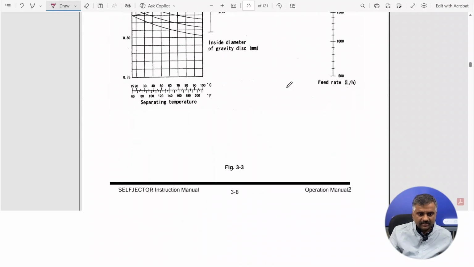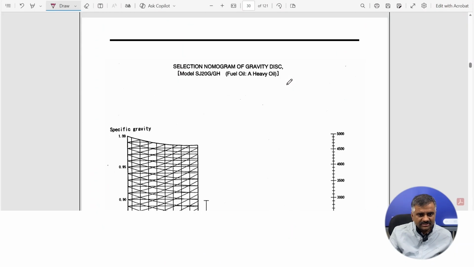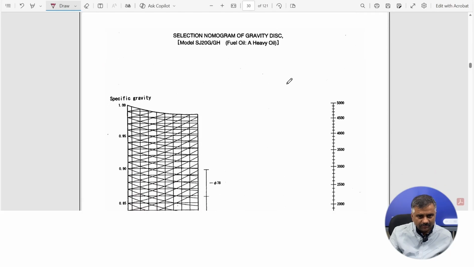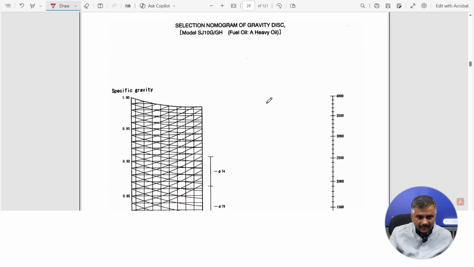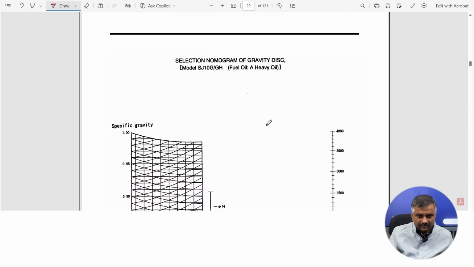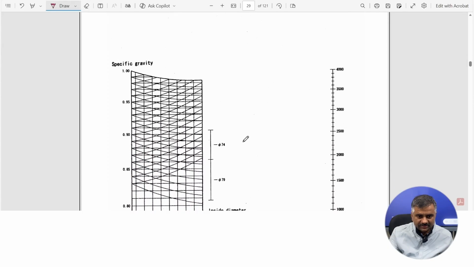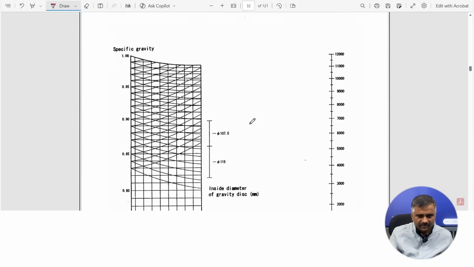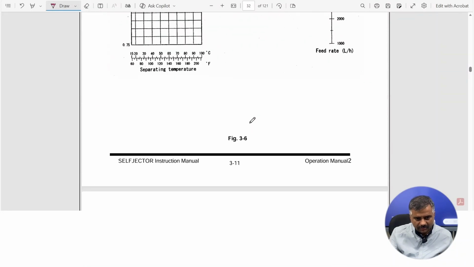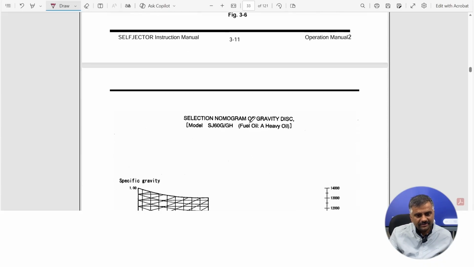All further explanations are for the model and type of gravity disc, that type of oil. We have a number of nomograms coming in the sections for the model, like the SJ10 with a heavy oil A, what can be the gravity disc.